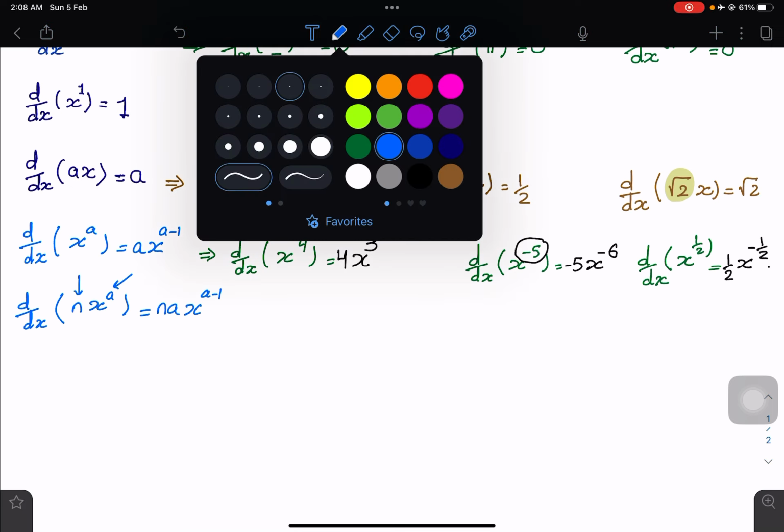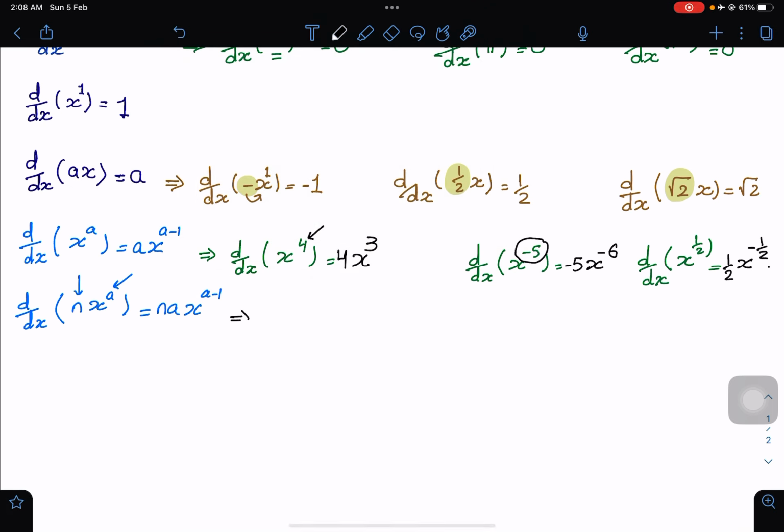Example, if I asked you to find d over dx for 3x power 2, and d over dx for -2x power -4, what is the answer?